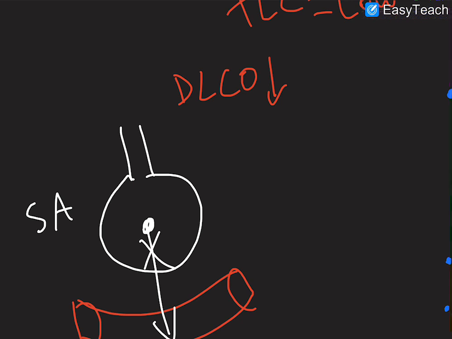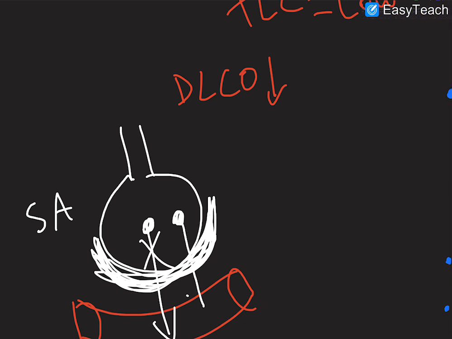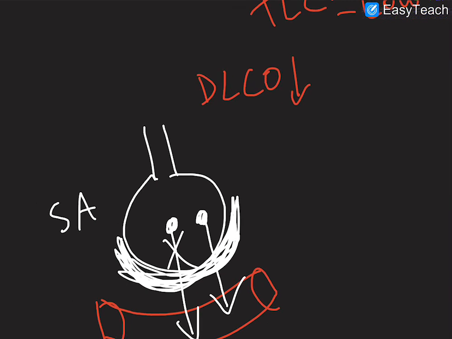And what if this membrane is super thick, like we can see in interstitial fibrosis? Then that's also going to impair proper diffusion of gases from your alveoli to your blood vessels. So another important factor that can affect your DLCO value is membrane thickness.